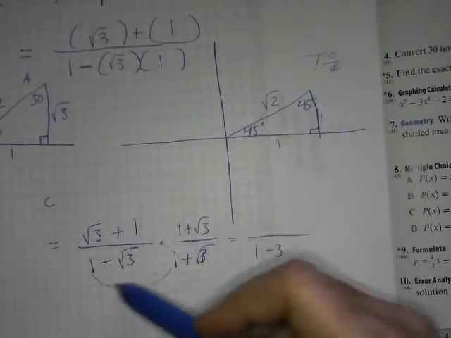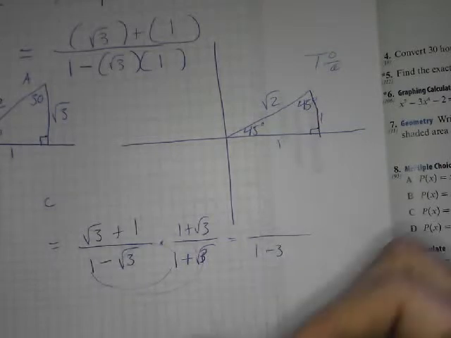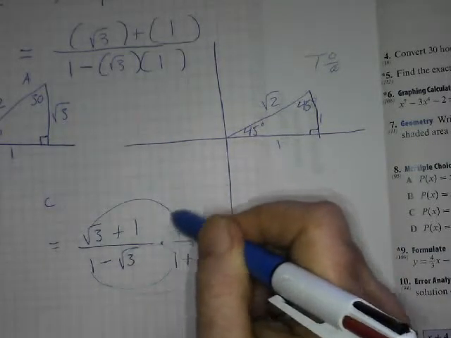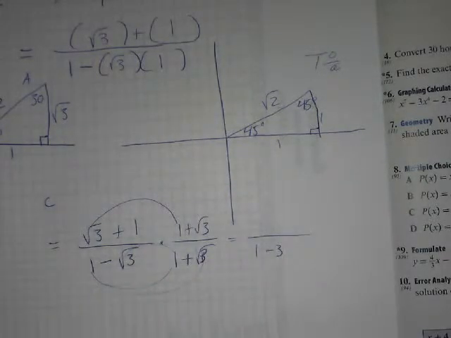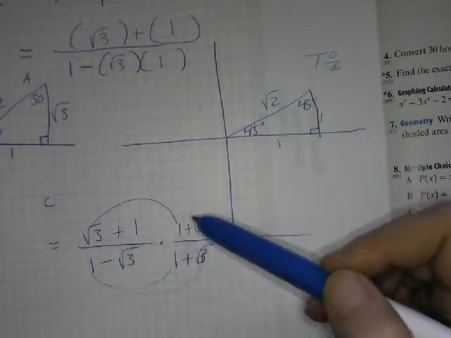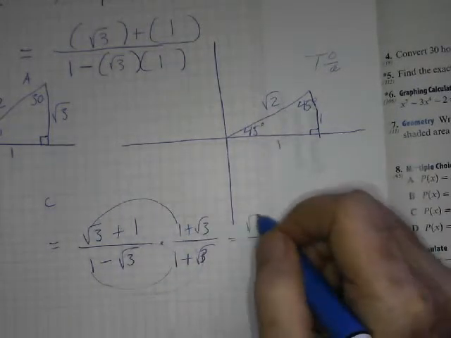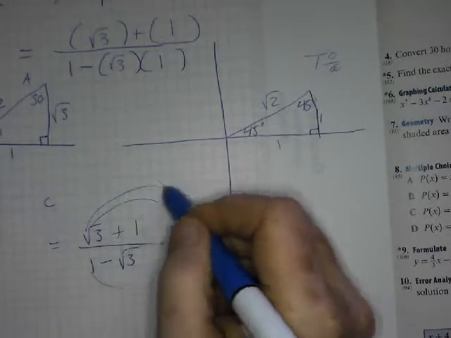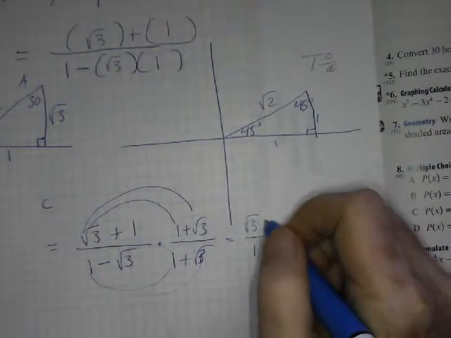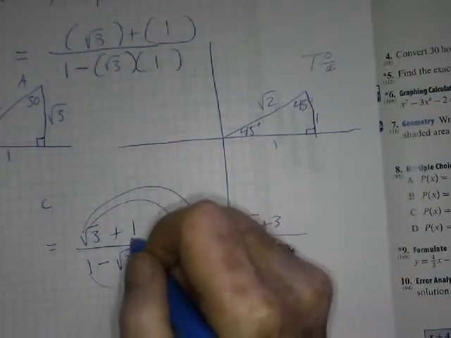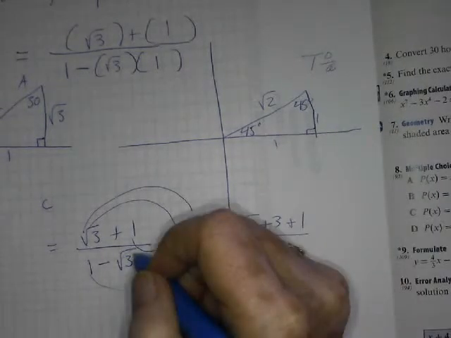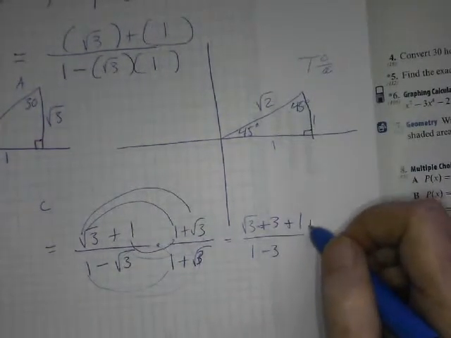So you can take your time and FOIL that out if you want to. Same thing up here, but this will be √3 times 1 is √3. √3 times √3 is actually √9, which is 3. 1 times 1 is 1, and 1 times √3 is √3.